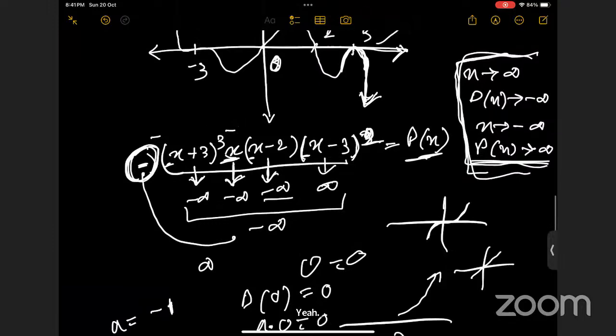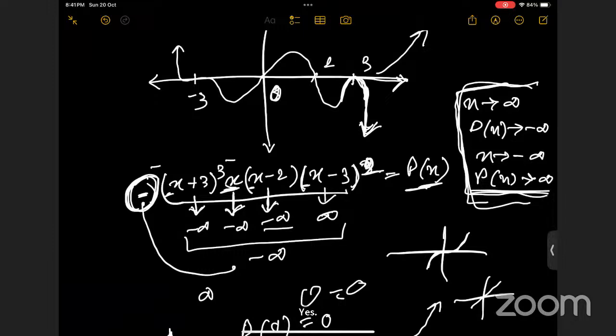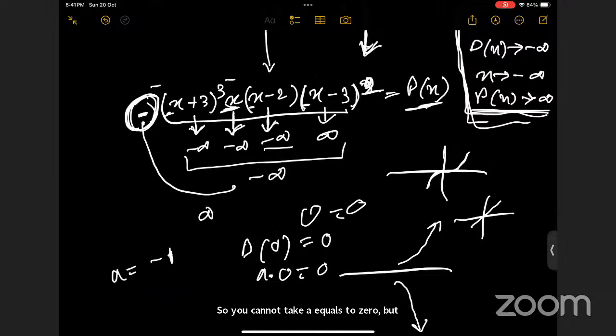Here the value 0 is not matching with that explanation, right, madam? We cannot take A equals 0. I mean, from this equation, we are not able to determine the value of A.